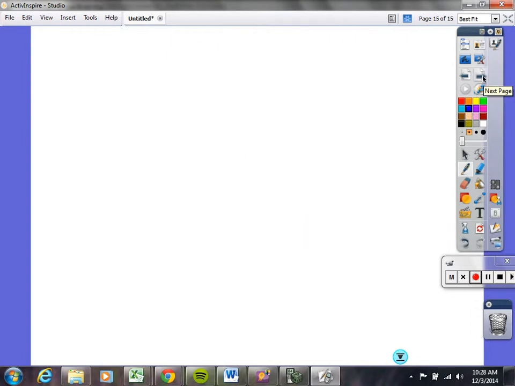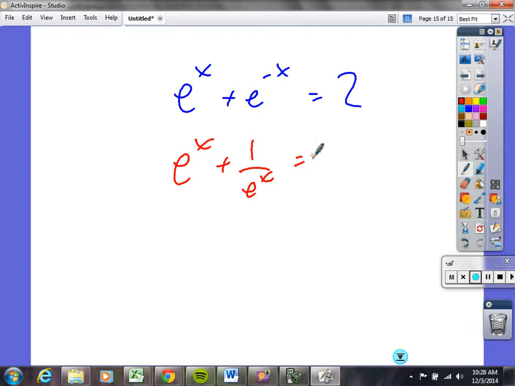How would you do this one, guys? For example, really quick, if I had e to the x plus e to the negative x equals 2. This is one of the ones I was going to put on there, but she wouldn't let me. This is e to the x plus 1 over e to the x equals 2.